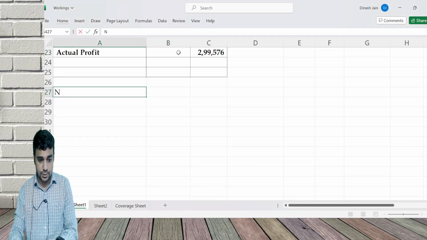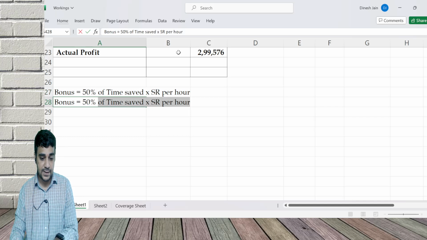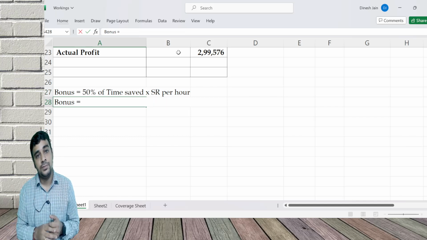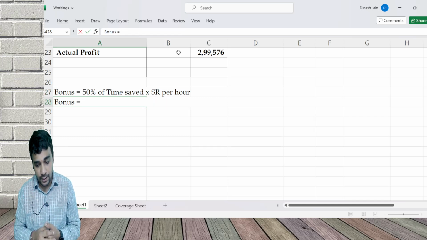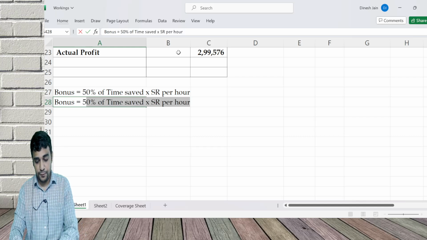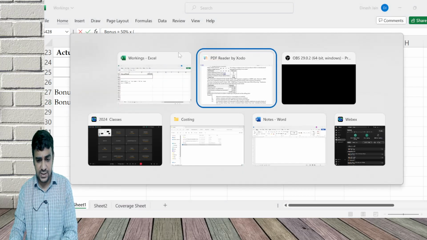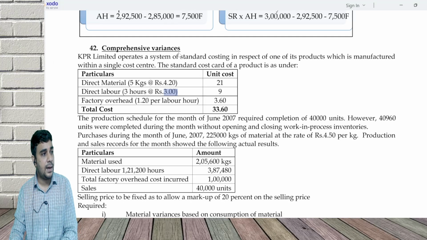Bonus equal to 50% of time saved into SR per hour. 50% into time saved, which is standard time compared with actual time.